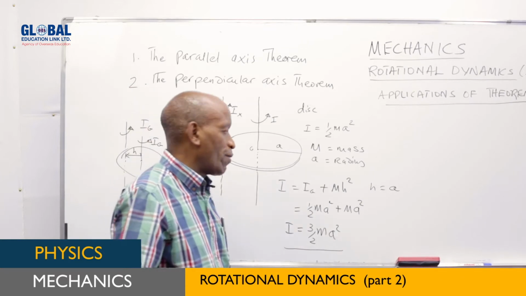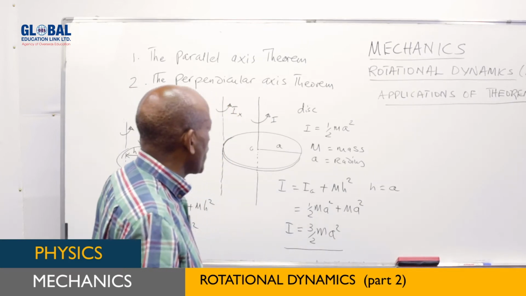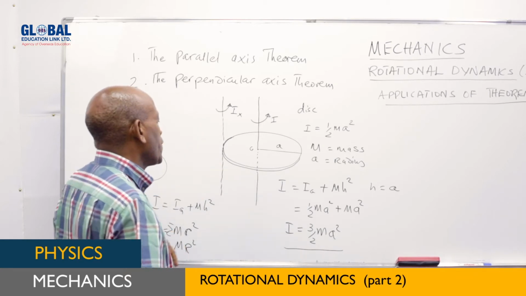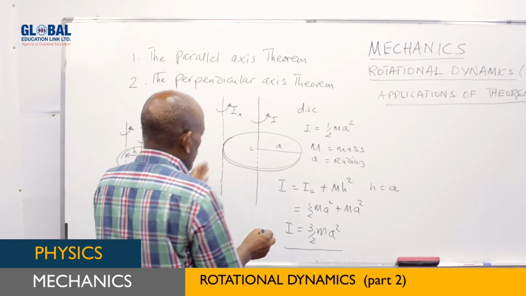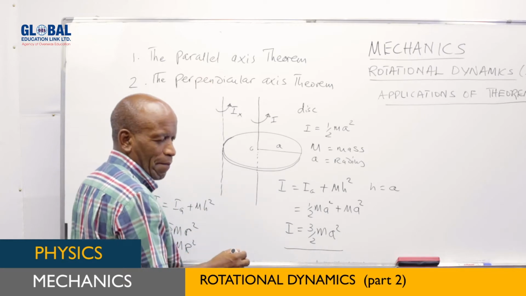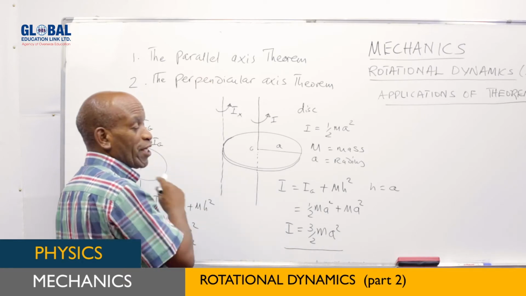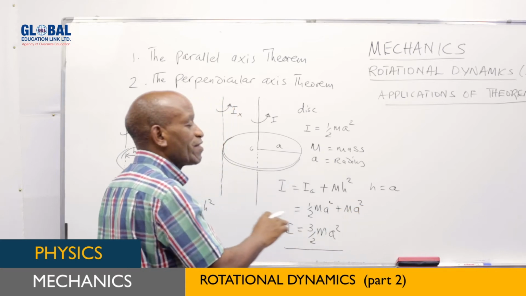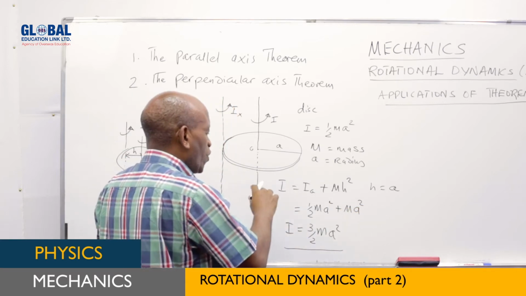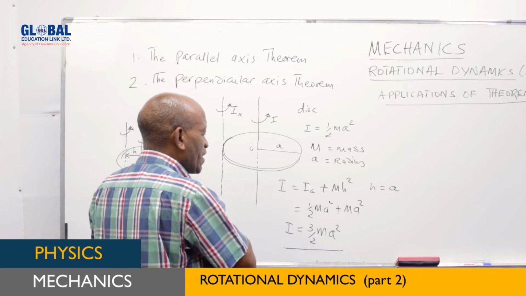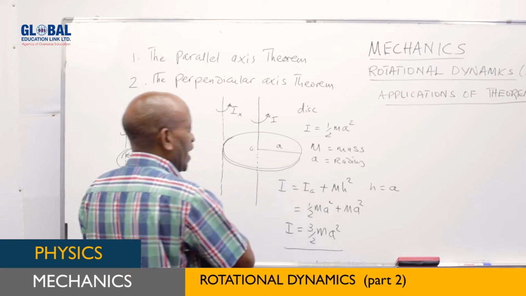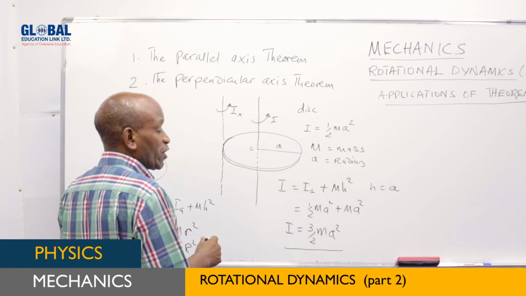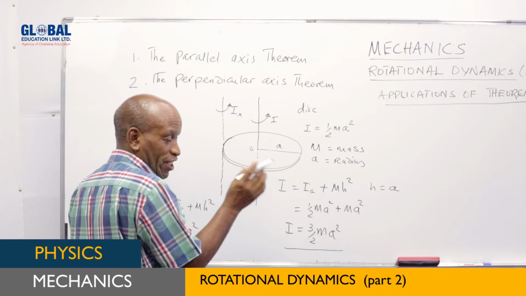Now, for example, I'm looking at the moment of inertia, let's say, of an axis which is just passing through the point on its rim, but now not perpendicular to the plane of the same disk, but just passing along, let's say, parallel with an axis that is passing along the plane of that particular disk, but on its rim.